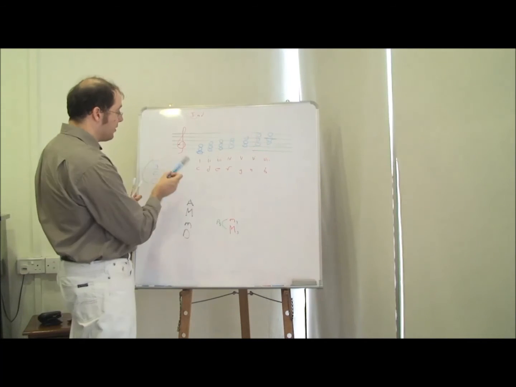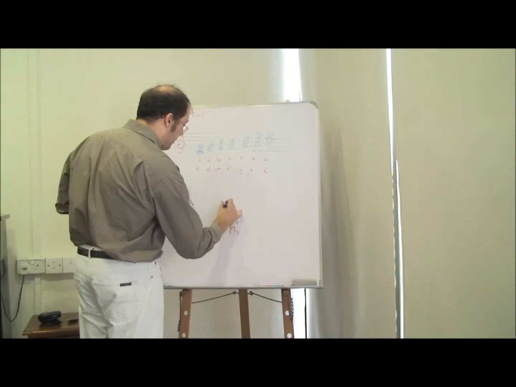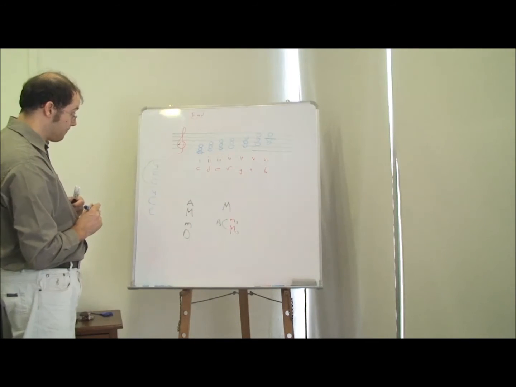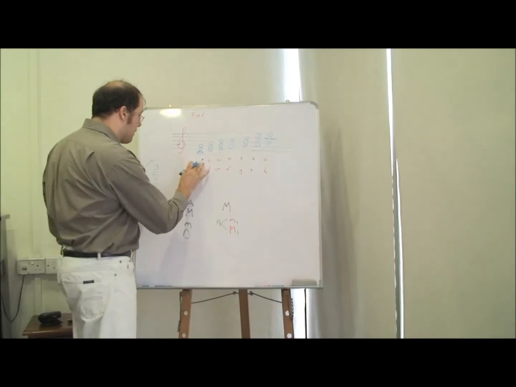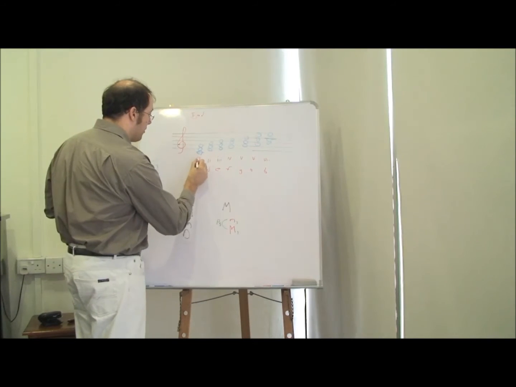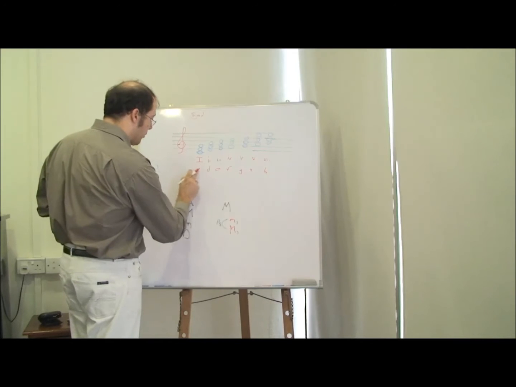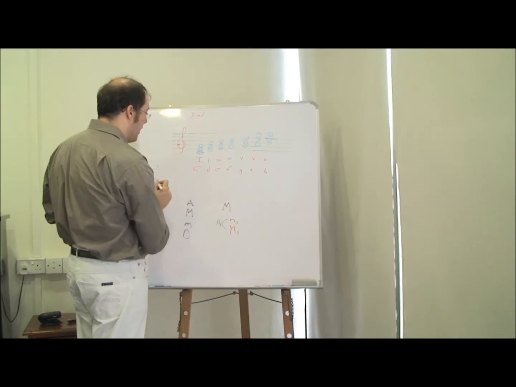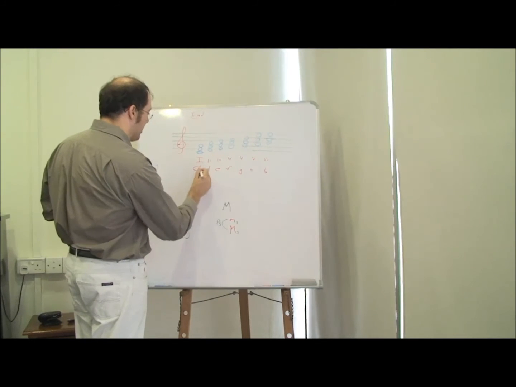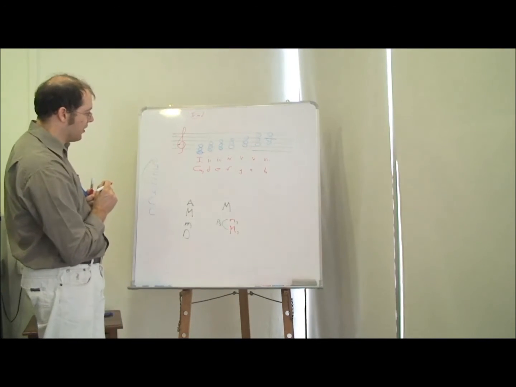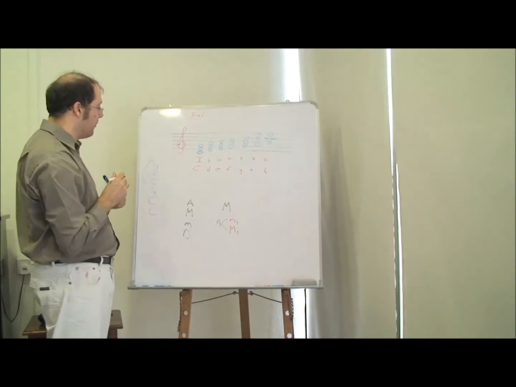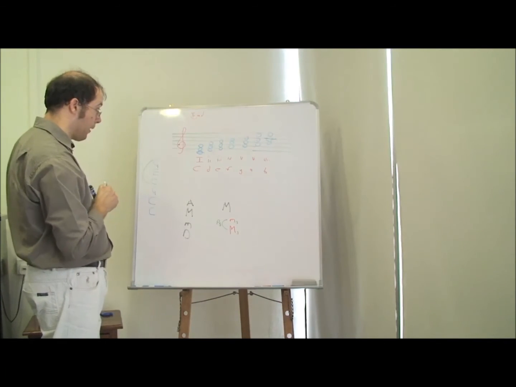That gives us our major triad. We usually write major triads with a capital letter, so capital C. You can also write C major, but usually just writing a capital letter C gives the same idea.